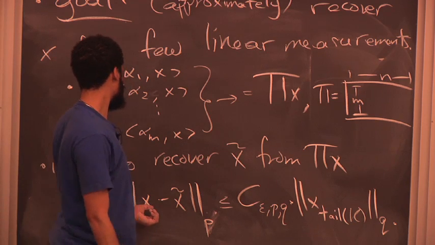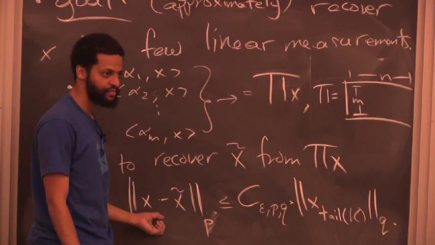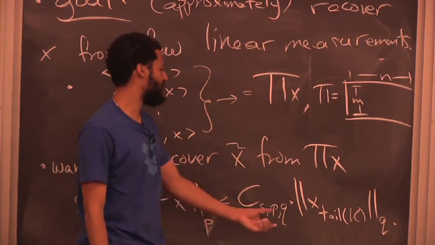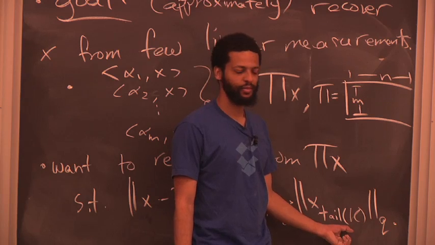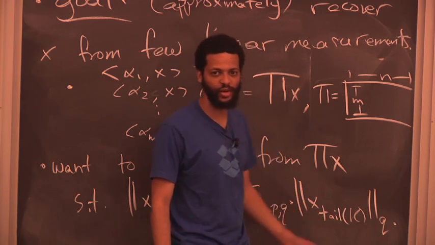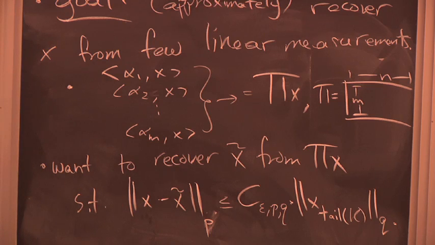Notice that if x actually is k-sparse, then the tail is the 0 vector, which means that there's 0 error. So if it actually is k-sparse, I should recover it. If it's not exactly k-sparse, but there's some small tail, then my error should be on the same order as the tail.